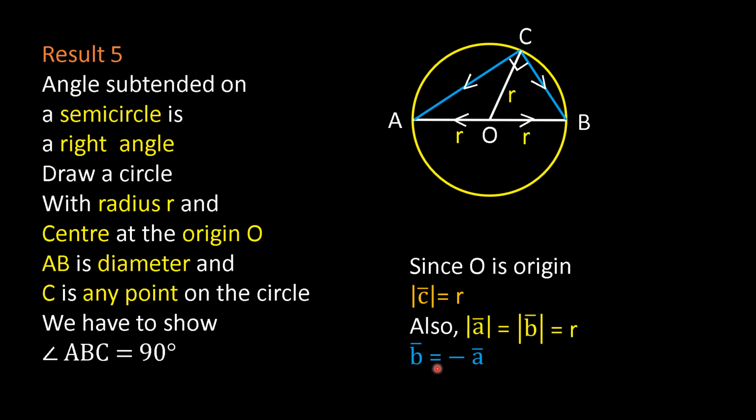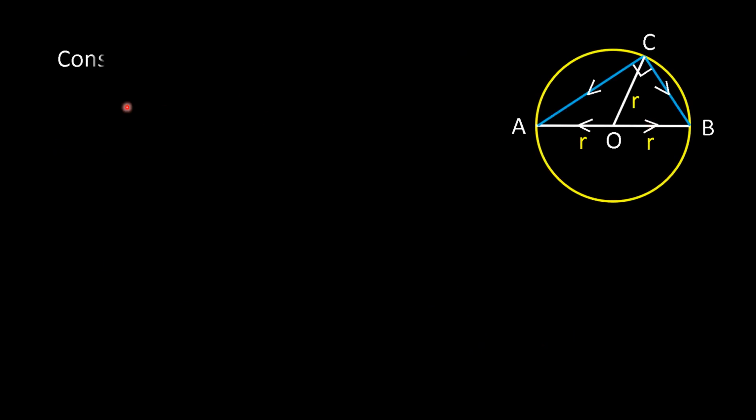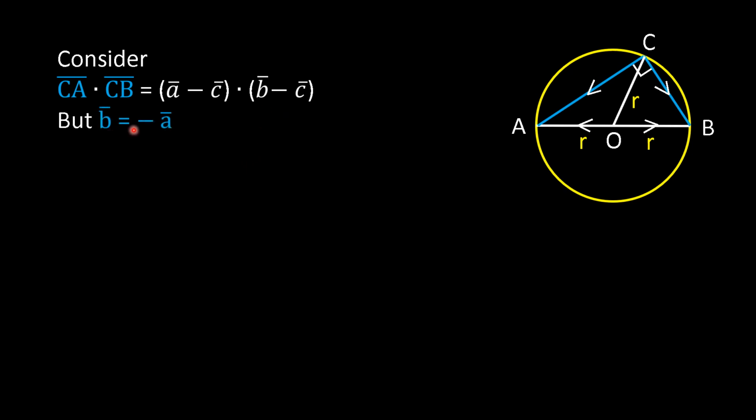And B bar equals minus A bar because B bar and A bar are oppositely directed. From the figure, consider CA bar dot CB bar, which will be A bar minus C bar dot B bar minus C bar. But B bar is minus A bar.